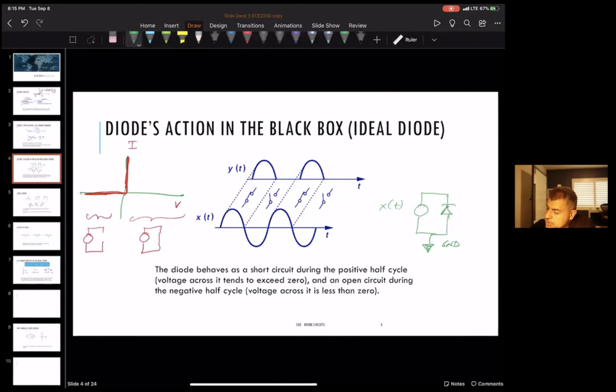Okay, so what happens here? When x of t is on a positive cycle, when it's like this, okay? I think, let me just do it so that it's exactly like what they're talking about. Okay.